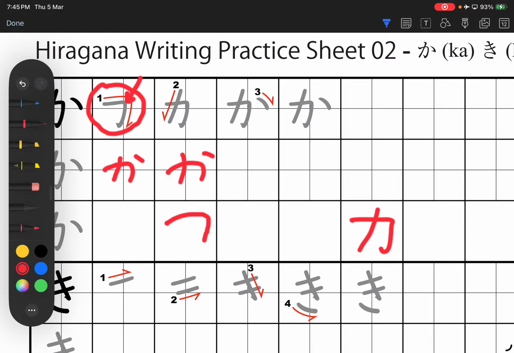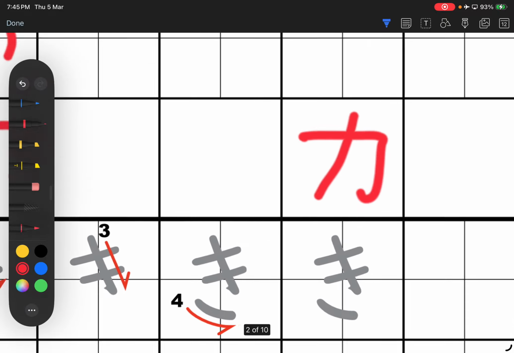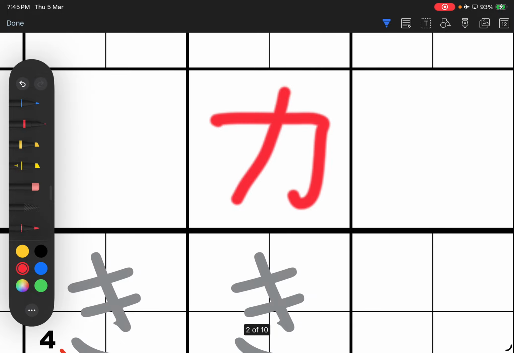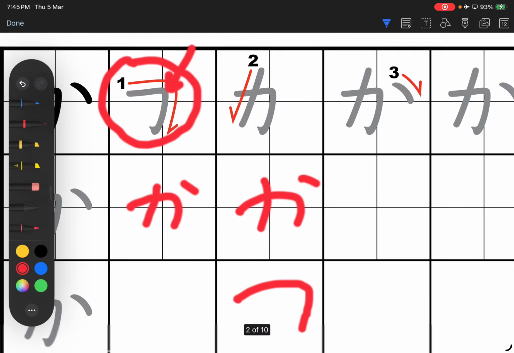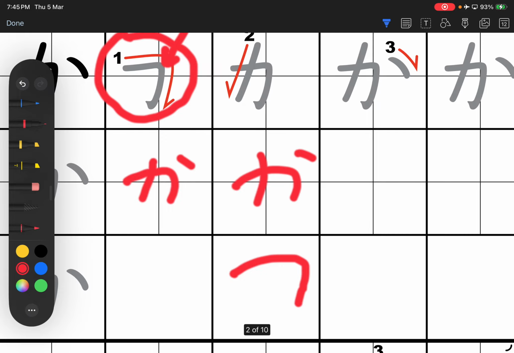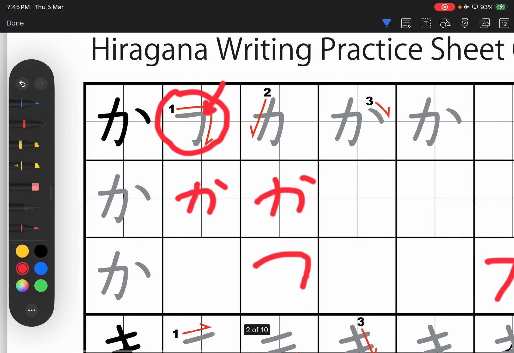This is the Katakana version of ka, the one down here. I don't want to confuse it with this one, that's why I avoid a sharp bend and go for a curve instead. Because Hiragana is supposed to be elegant, very cursive. So I will go for this cursive ka rather than the penmanship's ka.